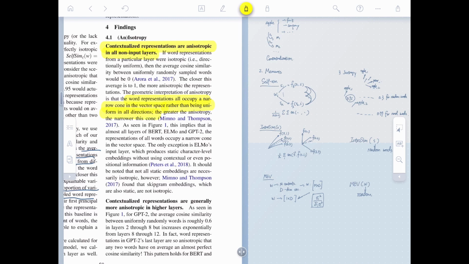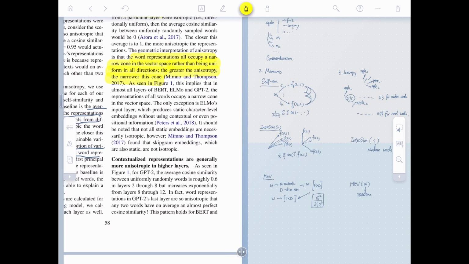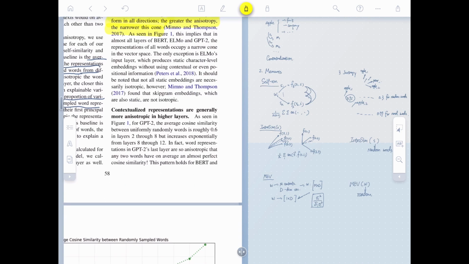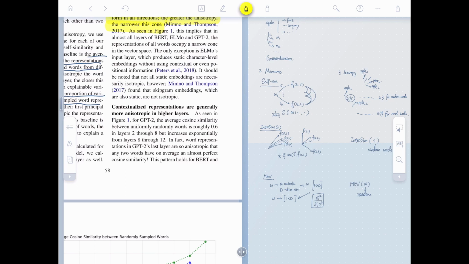The greater the anisotropy, the narrower this cone is. Contextualized representations are generally more anisotropic in higher layers.